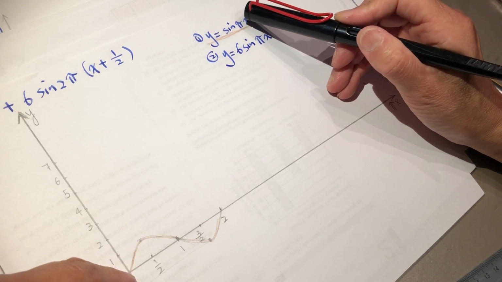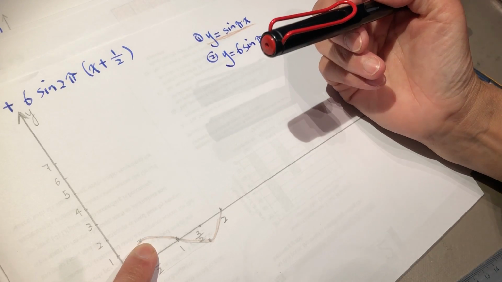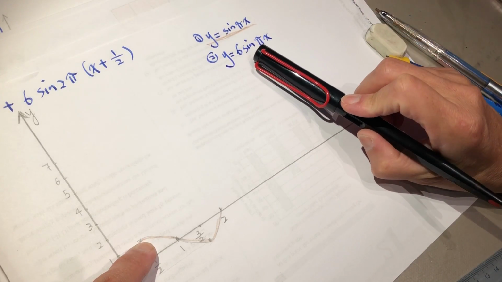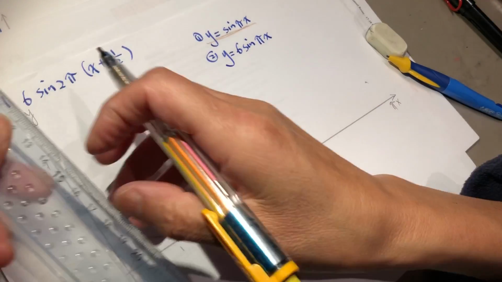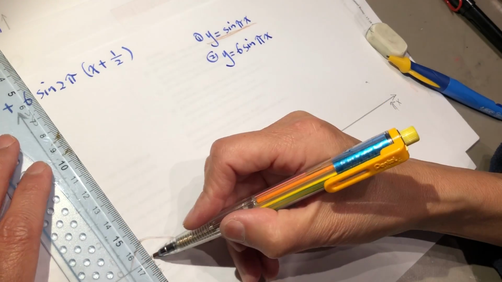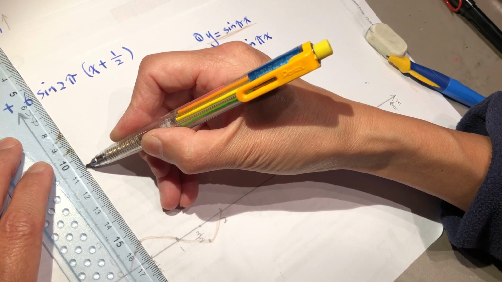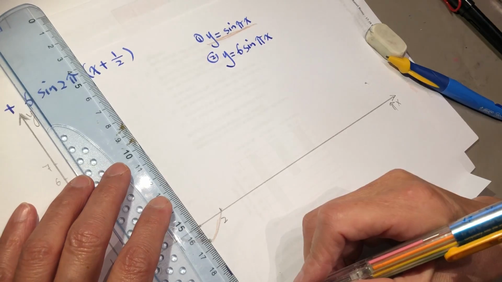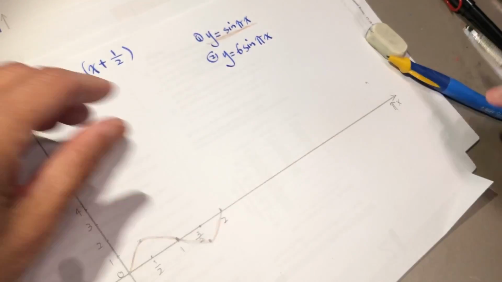When the first one is at a half pi, it reaches its highest point, 1. And now we need to times 6, so it goes to 6, and the lowest is -6. So this is the new one.